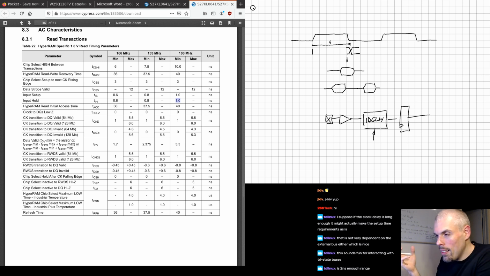answer is technically no. If you want to meet the spec, it's not enough. But between the 2 nanosecond value and switching between the 0 degree phase of the clock and the 90 degree phase of the clock, I can find one value that works.